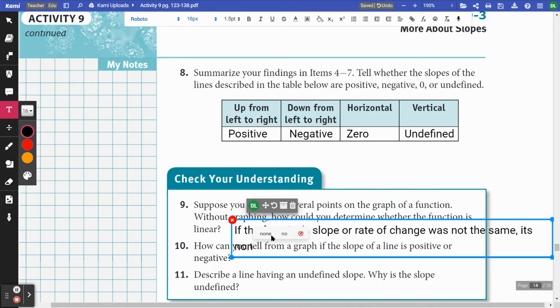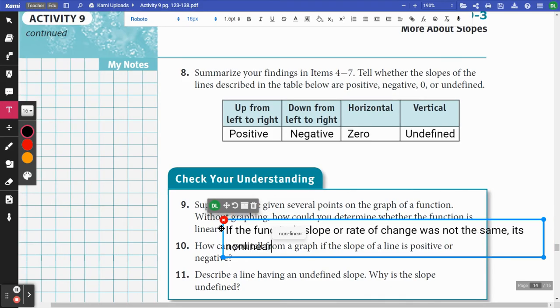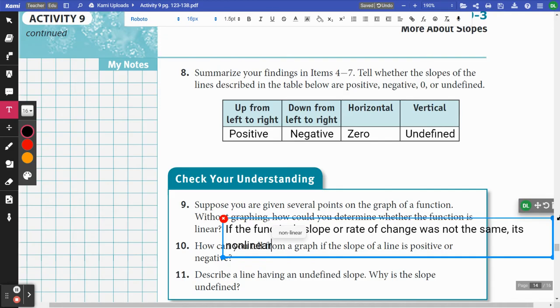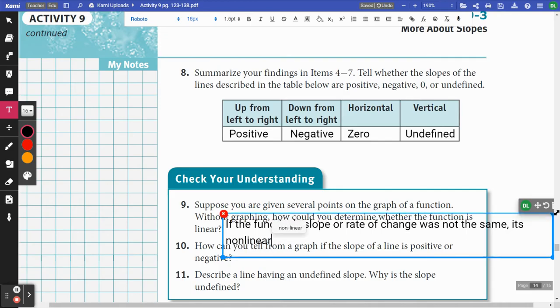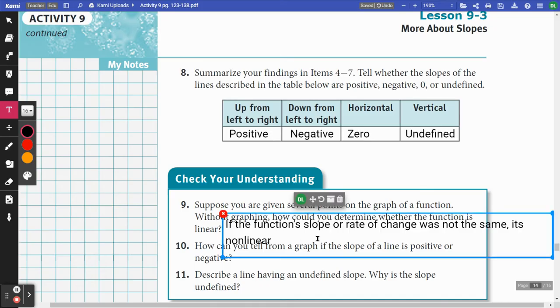Sorry, that's my alarm for class. It is non-linear. Right, if the function slope or rate of change was not the same, it is non-linear.